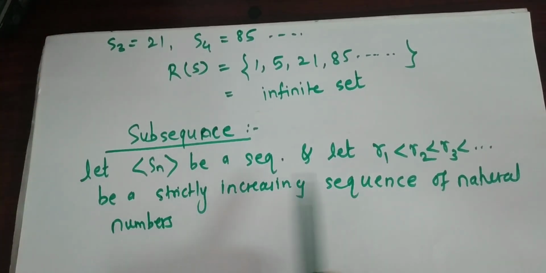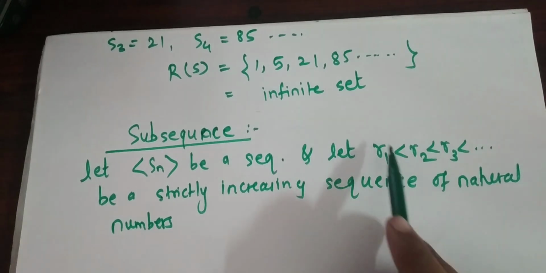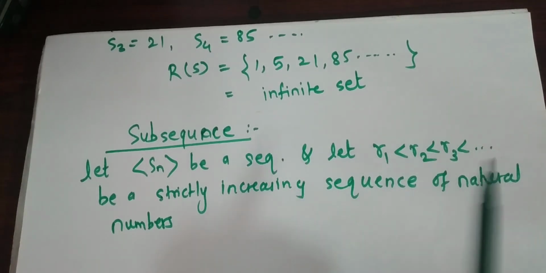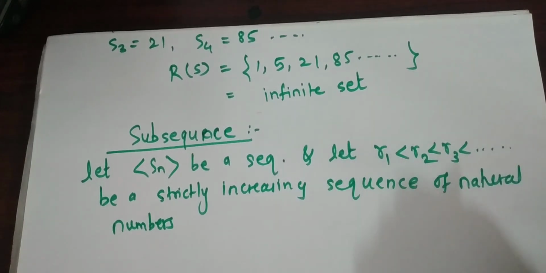Let Sn be a sequence and let R1 less than R2 less than R3 less than R4 be a strictly increasing sequence of the set of natural numbers.